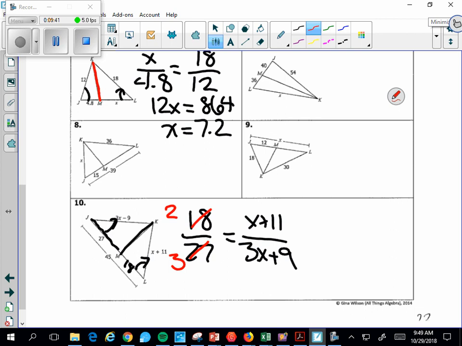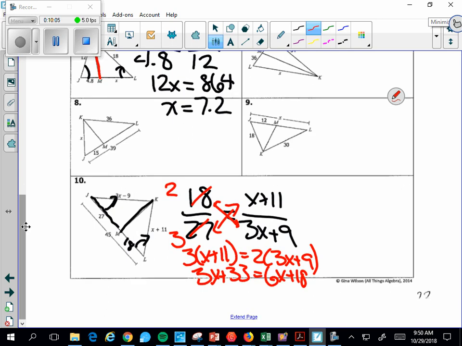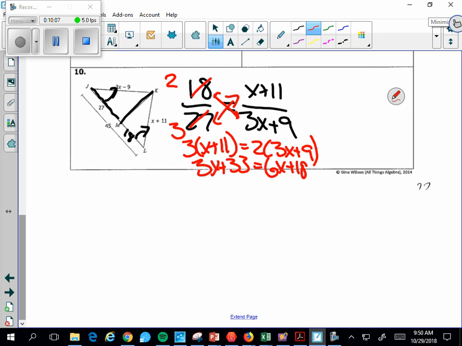So then I'll do my cross multiplication, and I'll get 3 times x plus 11 equals 2 times 3x plus 9. And then again, I'm just solving. 3x plus 33 equals 6x plus 18. I'm running out of room here. I have to subtract.